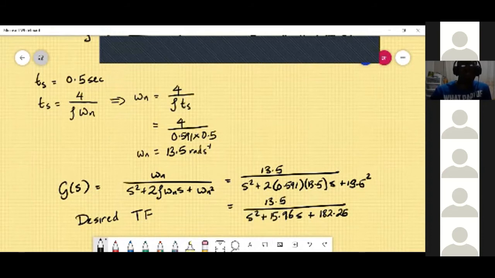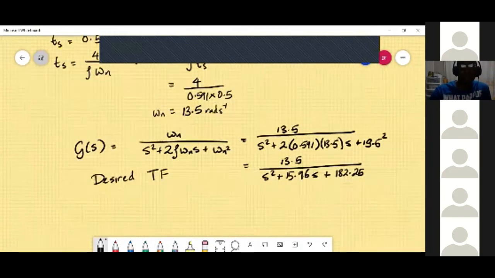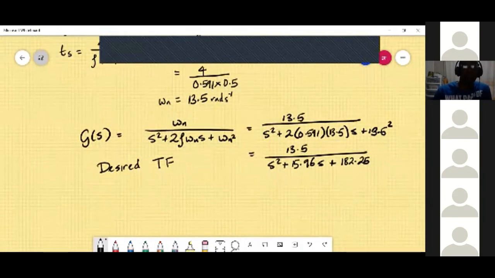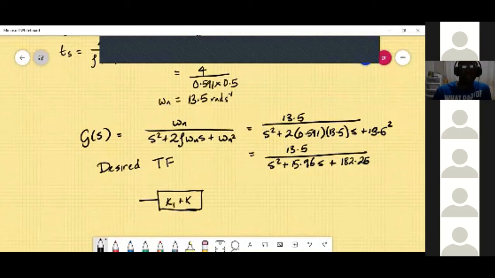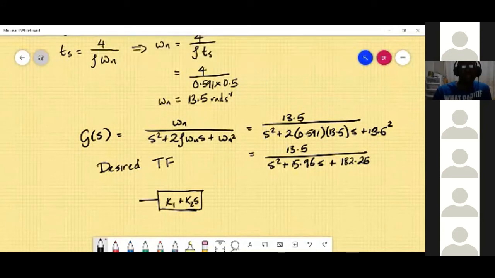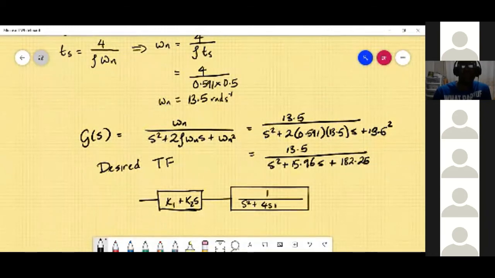So this is our system that we have. There's K1 plus K2 s, as 1 over s squared plus 4s plus 3.